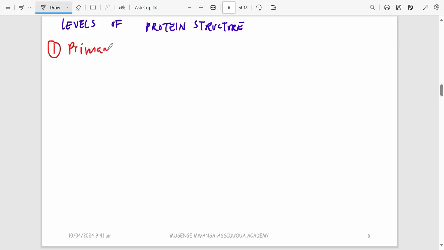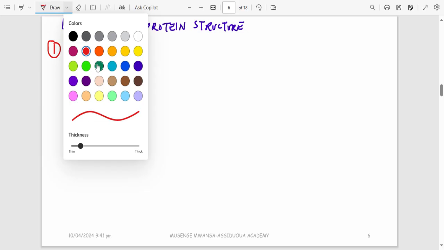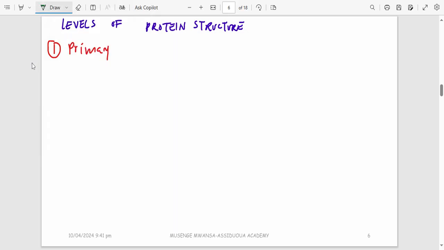What really is a primary level? The primary level just describes the amino acids that are forming a protein. What are we talking about? Just arrangement, that's all. Arrangement of what? Arrangement of amino acids which are forming a protein.